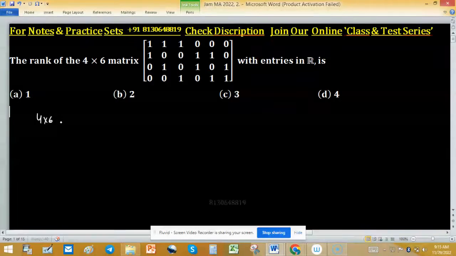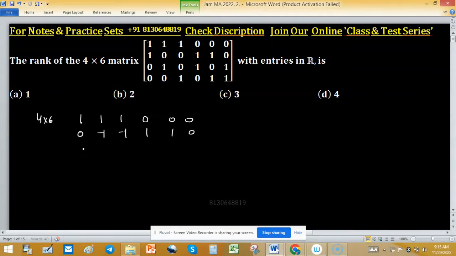The rank of the matrix of size 4 cross 6 with entries in real numbers is asked. To find the rank of this matrix, we will apply elementary row operations on it. After applying elementary row operations, we have an equivalent matrix. There is no change in the first row, 1 1 1 0 0 0. Second row is 0 minus 1 minus 1 1 1 0.